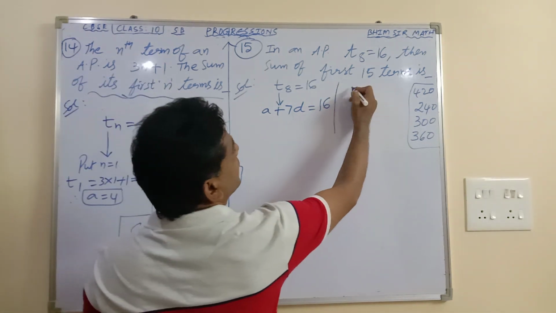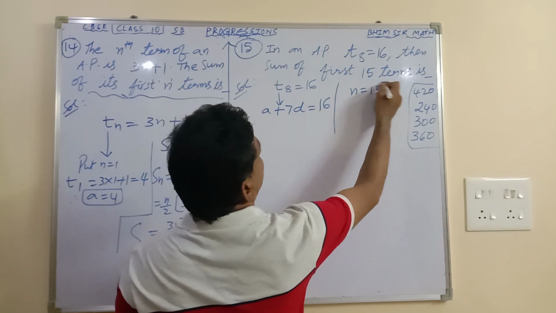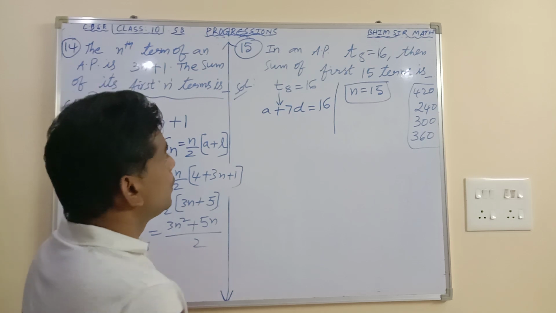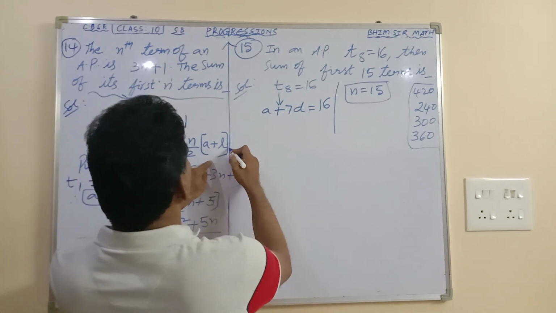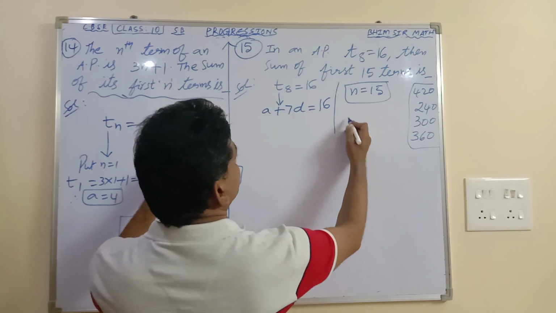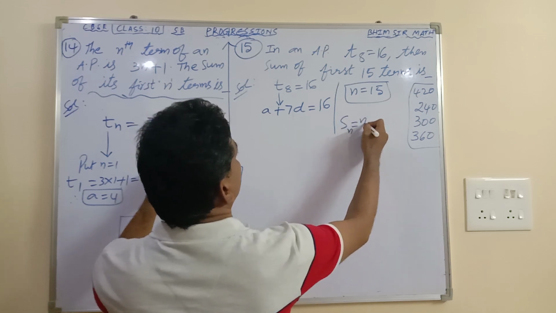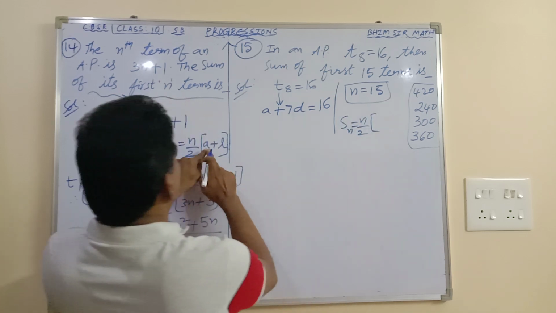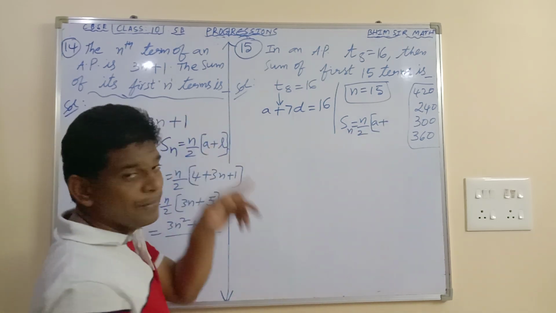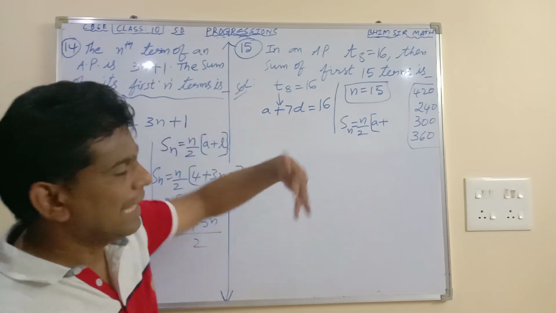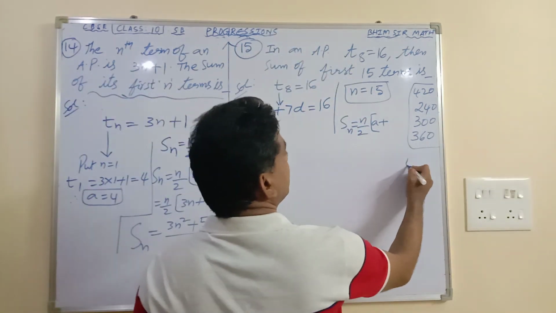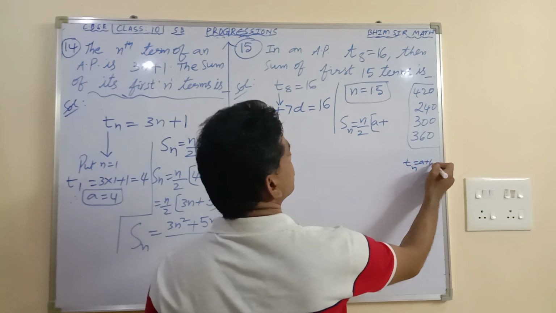Here we know that n is equal to 15 because we are asked the sum of first 15 terms. The formula is Sn equal to n by 2 into a plus l, where the last term means the nth term. Tn equals a plus n minus 1 into d.